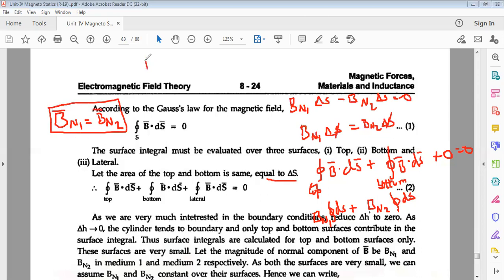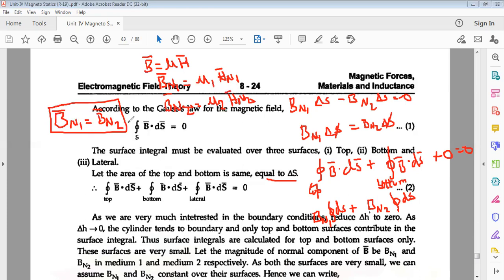And the relation between B and H: B bar is equal to mu into H bar. So BN1 bar, the normal component of the magnetic flux, because it is medium 1, is equal to mu1 HN1 bar, the normal component of the magnetic field. Similarly, BN2 bar in medium 2 is mu2 HN2 bar.